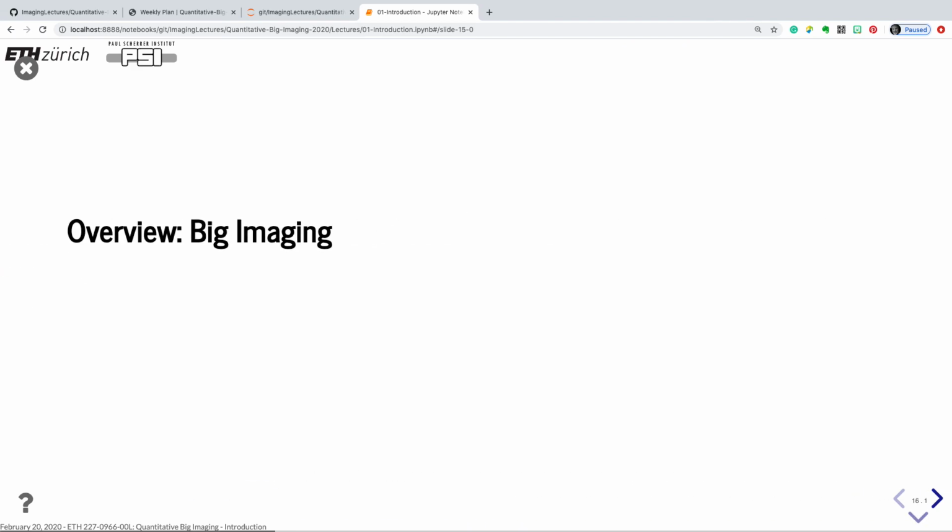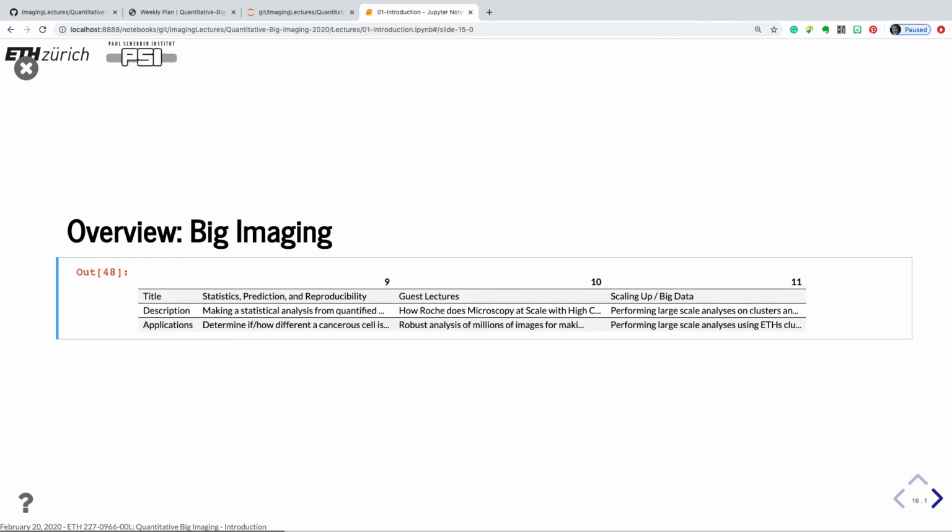Then we come to the big imaging topic, actually the case when you have a lot of data, how you do the management, how you do the processing, and how to get statistics out of the data in that way. And this is also where I hope that we will have Kevin to speak.